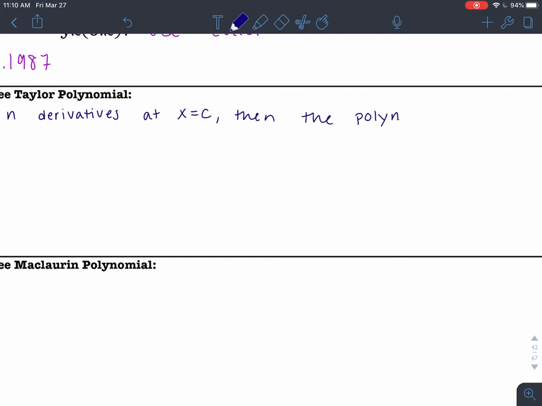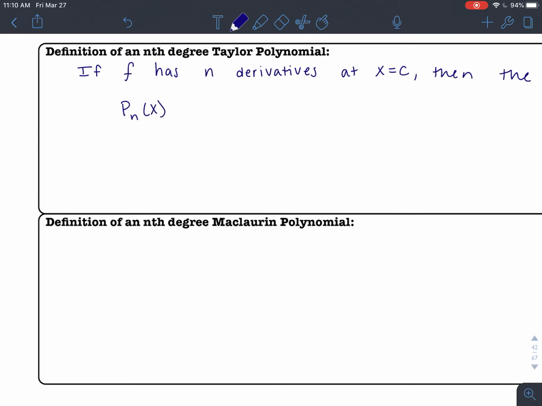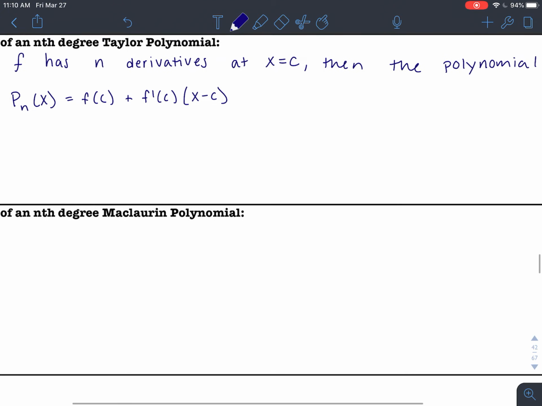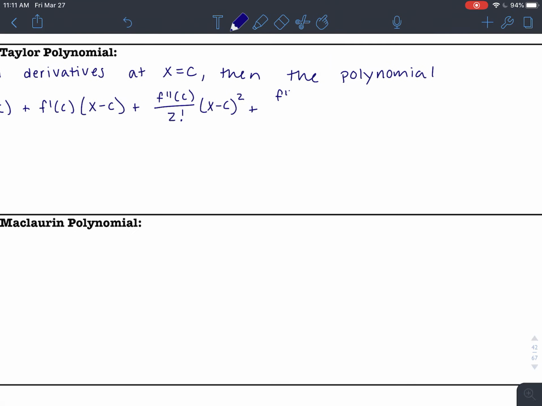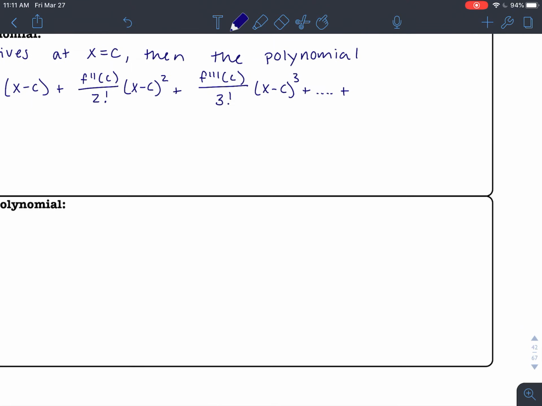So if f has n derivatives at some x equaling c value, then the polynomial Pn of x, written like this, equals f of c plus the first derivative of c times the quantity x minus c plus the second derivative of c divided by 2 factorial times x minus c squared plus the third derivative of c divided by 3 factorial times x minus c cubed, plus, hopefully you see the pattern developing, plus dot dot dot out to the nth derivative of c.